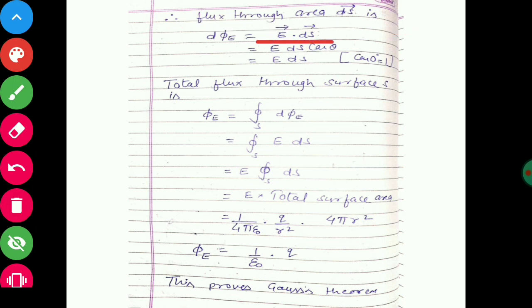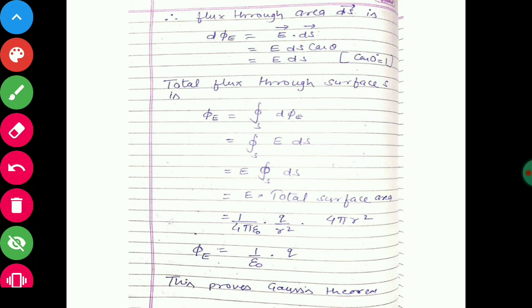Now the formula is d phi equals E dot ds. When we are calculating the magnitude, it becomes E ds cos theta, and theta is 0, so cos 0 is equal to 1. Now d phi E is equal to E dot ds.